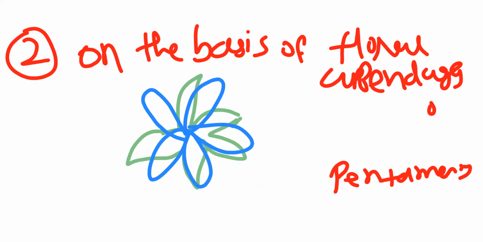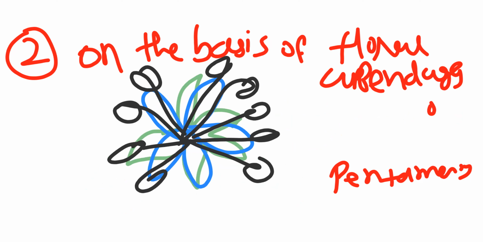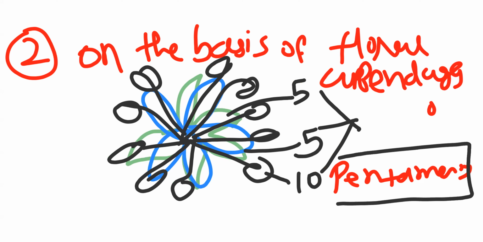Then next even 5 stamens, or we can take example 1, 2, 3, 4, 5, or else you can take 10. Right? So all are calyx number 5, corolla 5, this 10. So all are in multiple of 5. 5 ones are 5, 5 twos are 10, right? So that's why we call it's a pentamerous flower.